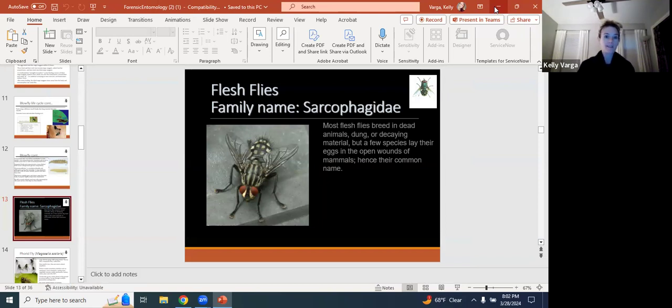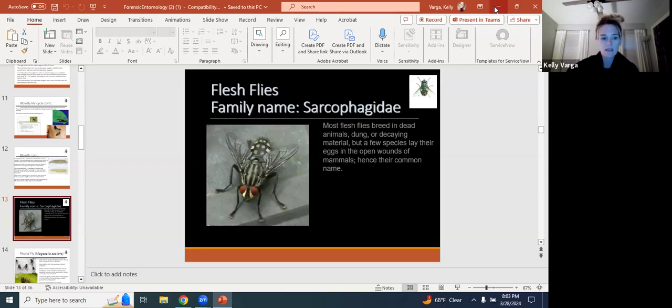We're going to talk about things that come to the dead body, things that are leaving the dead body, and things that are just accidentally associated with the dead body. We're going to end this chapter discussing how invertebrates themselves can be utilized as part of a legal trade, and how we can look into those different aspects of investigation as well, very similar to what we saw with vertebrates and how that chapter flowed.